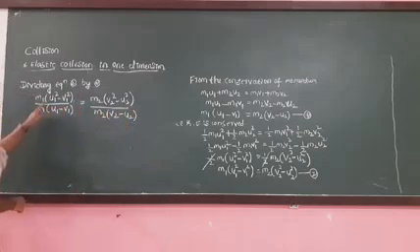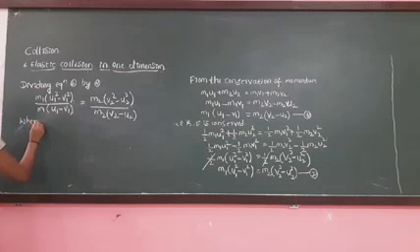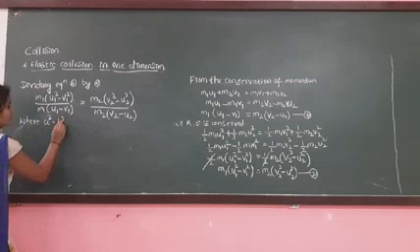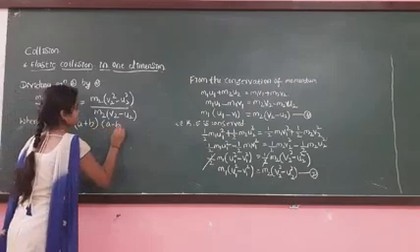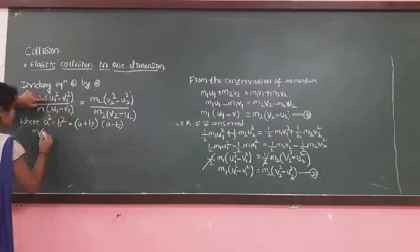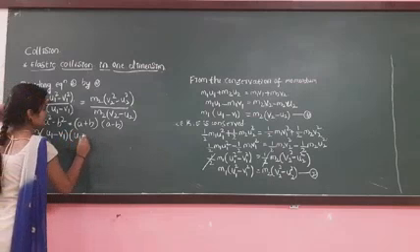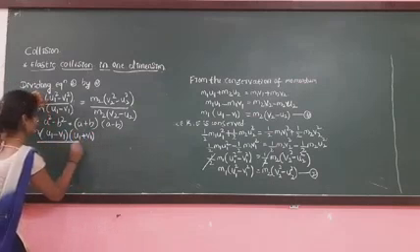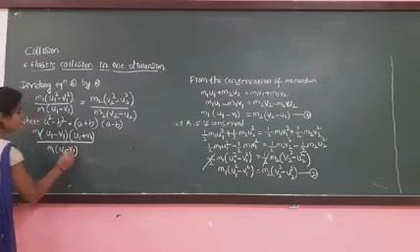Here a square minus b square equals (a plus b) into (a minus b). So m1 (u1 minus v1)(u1 plus v1) divided by m1 (u1 minus v1).